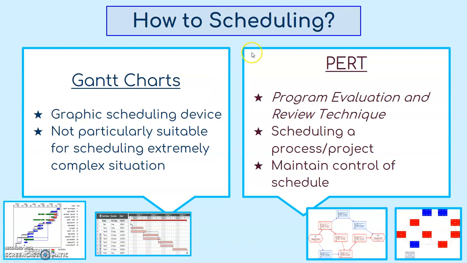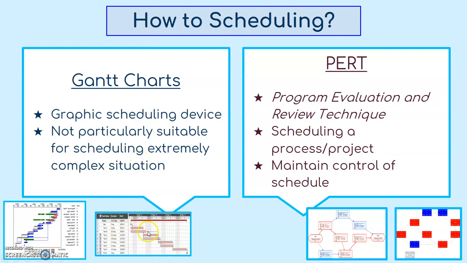When you go to scheduling, you can use a Gantt chart or PERT. You can see here what we call a Gantt chart. It is like a graphic schedule device. But of course it is not suitable for extremely complex situations.